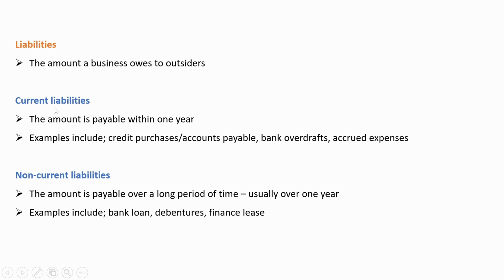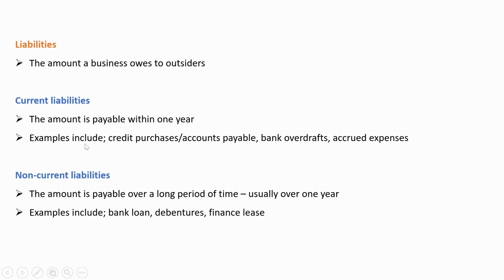So let us start with the current liabilities. The difference between current liabilities and non-current liabilities is the duration a business has to repay the debt. In current liability, the amount is payable within 1 year.